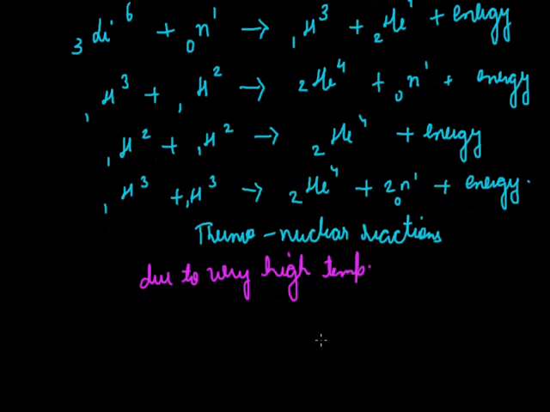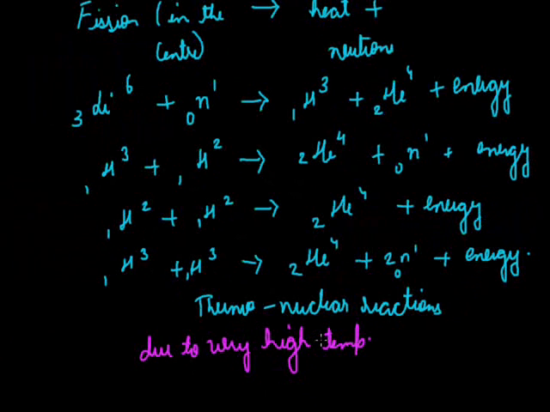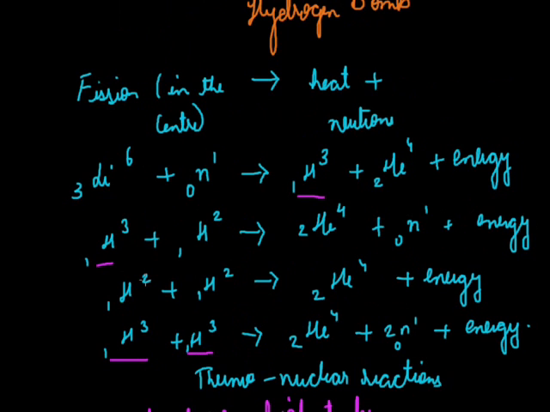As we have discussed the various reactions which take place in the hydrogen bomb, during these reactions we have taken tritium. Here we have taken tritium, here we have taken tritium, again here tritium. But while discussing its construction, what the various things present in the hydrogen bomb are, we didn't say that tritium is also present.